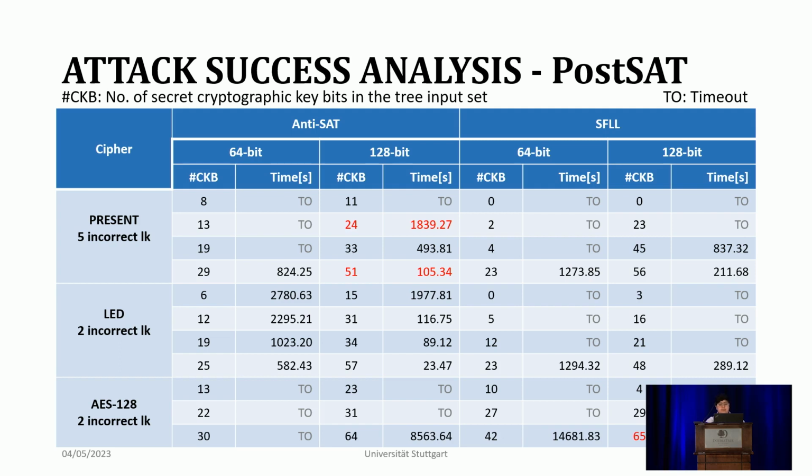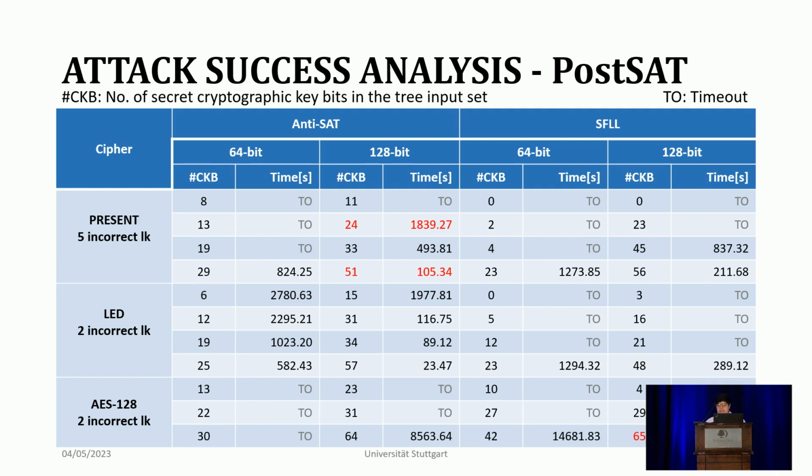We can see here for PRESENT that is locked using a 128-bit anti-SAT logic locking scheme, we need only 105 seconds to recover the cryptographic key when 51 bits of this cryptographic key are a part of the tree input set, compared to the 1800 seconds approximately needed if only 24 bits are a part of the tree input set.